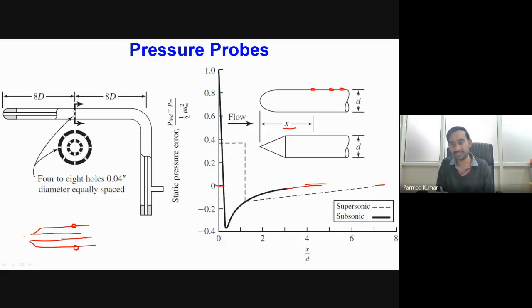So generally, a distance of 8 times the tube diameter is considered as the safe distance for locating the holes on the circumferential periphery of the outer tube in order to obtain an accurate measurement of the pressure. If we are locating the holes very close to the leading edge of the pitot tube, then we will have chances of errors in our measurement of the static pressure.